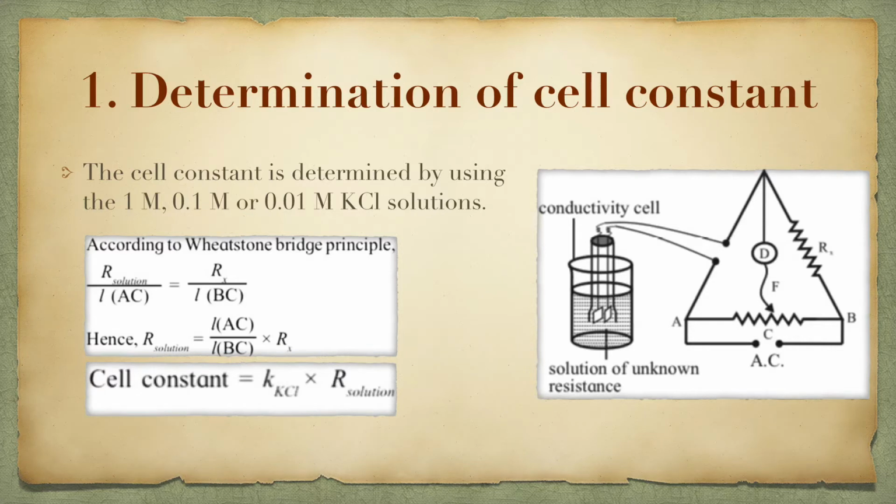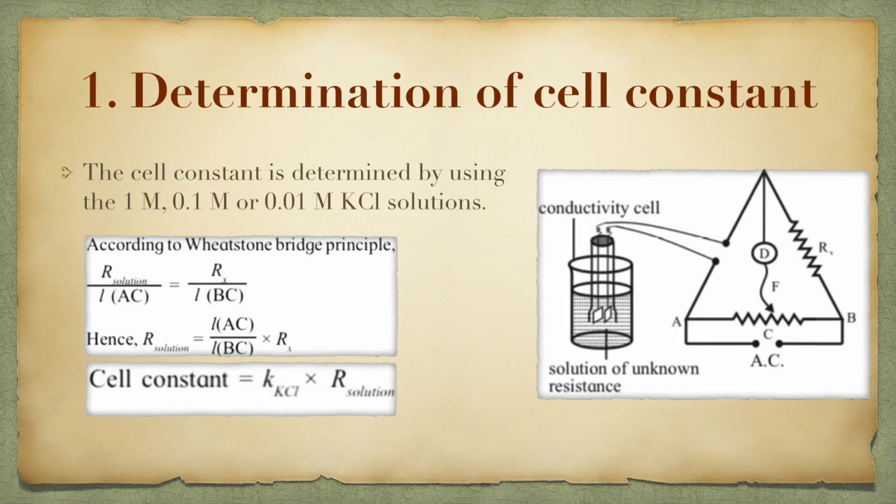Now you can see the diagram on the right hand side. There you can see a Wheatstone bridge and a conductivity cell, and both are connected. The Wheatstone bridge will help us find the resistance of the solution. In the Wheatstone bridge, AB is a uniform wire, Rx is the variable known resistance, and the conductivity cell containing KCl solution of unknown resistance is placed in the other arm.